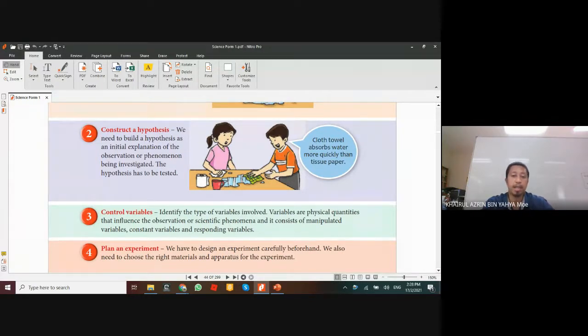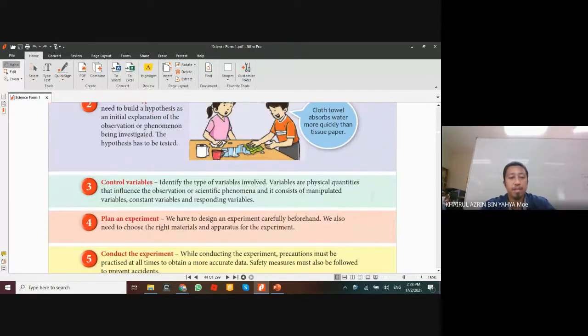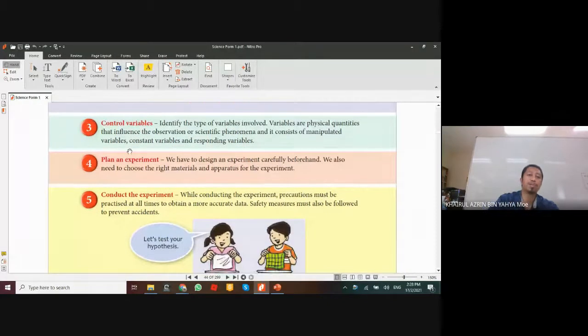Dia cakap kain tuala menyerap air lebih cepat berbanding tisu, kertas tisu. Is it correct? Sister is using a tissue, Abah is using a cloth towel. Which one is faster? So we can conduct an experiment.